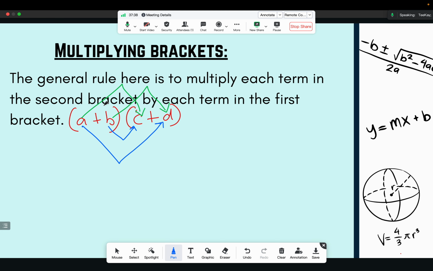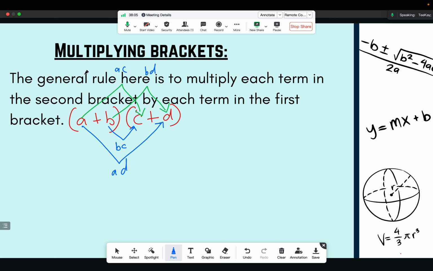So if we do this in this way, we have multiplied everything in the first bracket with everything in the second bracket. So if we multiply this one, here we will get AC, and here we will get BD, and here we will get AD, and here we'll get BC.